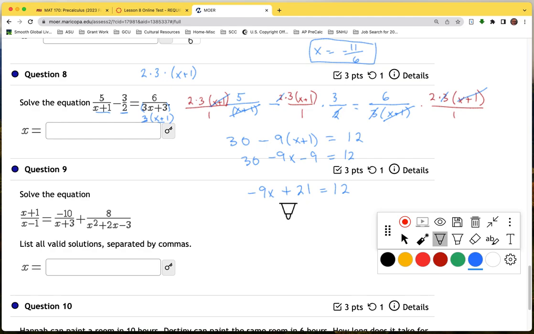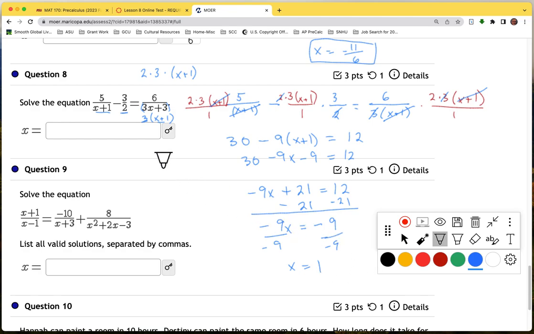Let's subtract 21 from both sides. Negative 9x equals negative 9. Oh, that's kind of nice. And then divide by negative 9. All of that means that x equals positive 1.